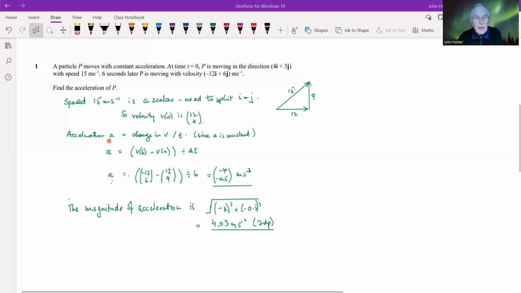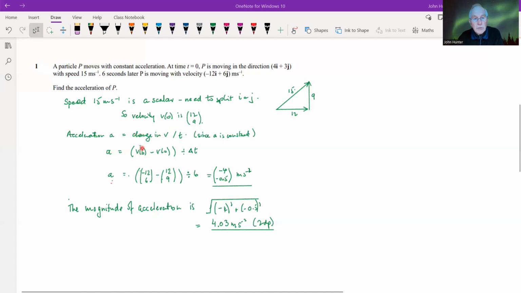Okay, so the acceleration is the change in velocity divided by the change in time. We can say that because acceleration is constant. If it were not constant, we wouldn't be able to do that. But it is constant acceleration.